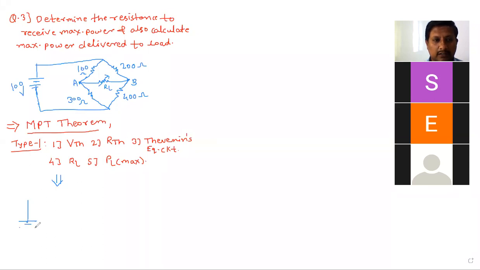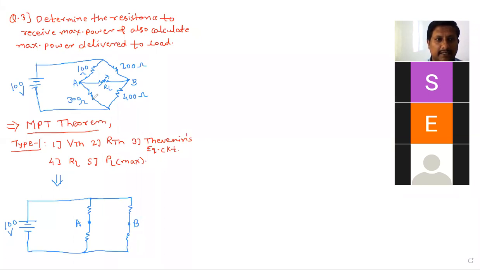So 100 volt we can keep as it is. So we can convert such a circuit into a simple rectangular circuit. Right, this is your A terminal. This is the B terminal.